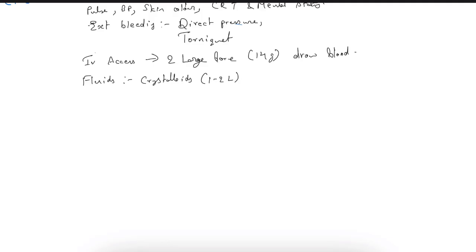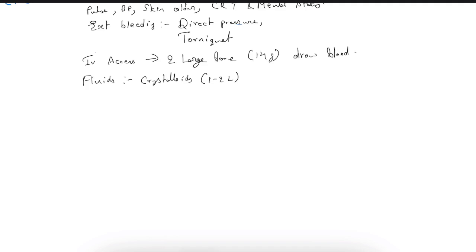After giving fluids, if the patient is not responding, then we have to give plasma and red blood cells. Then we have to consider a FAST exam for internal bleeding. FAST exam means we check with ultrasound.